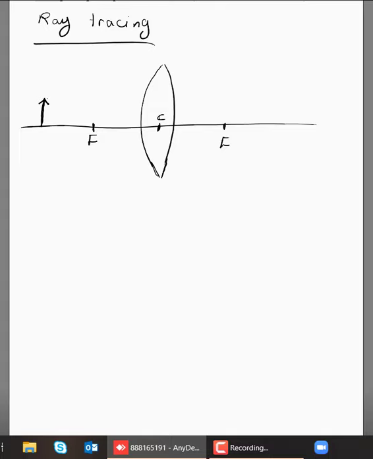So let me just draw this, and I usually do this on the middle line. Okay, so this is my P ray, it goes parallel, and then it is refracted to pass through the focal point on the far side of the lens, so on the other side. So if it goes parallel, it passes through the focal point.